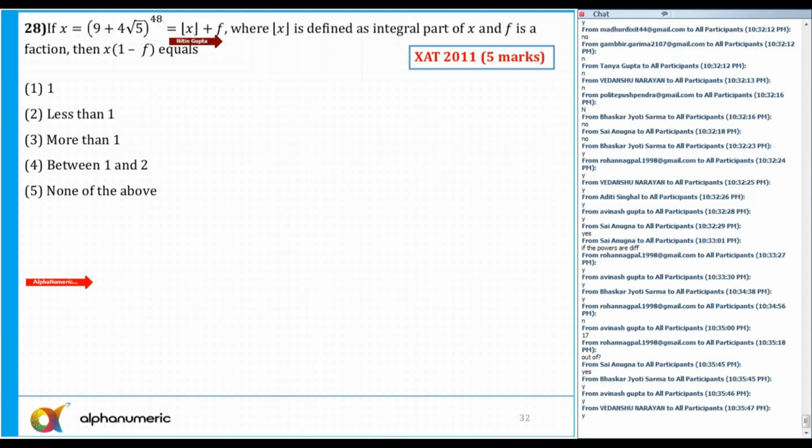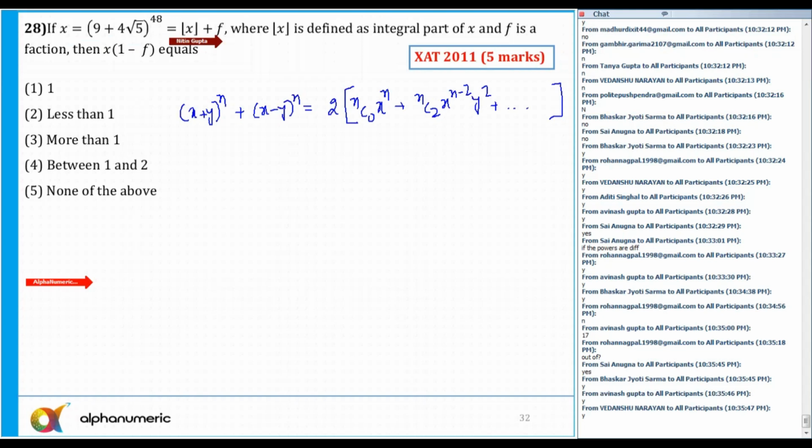And we know, as I told you, that (x plus y) raised to power n plus (x minus y) raised to power n is equal to twice of nC0 x raised to power n plus nC2 x raised to power n minus 2 into y square, and so on.